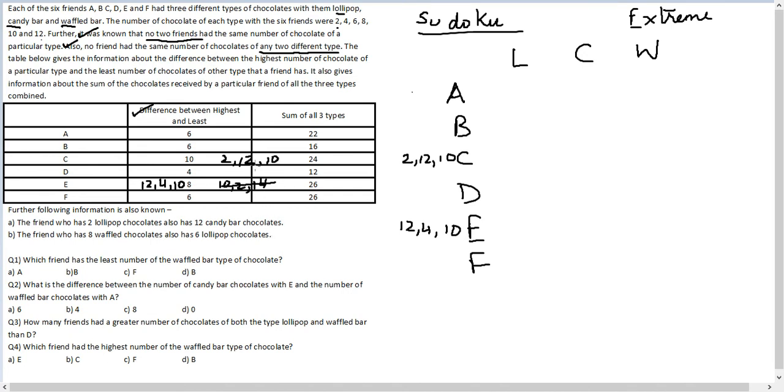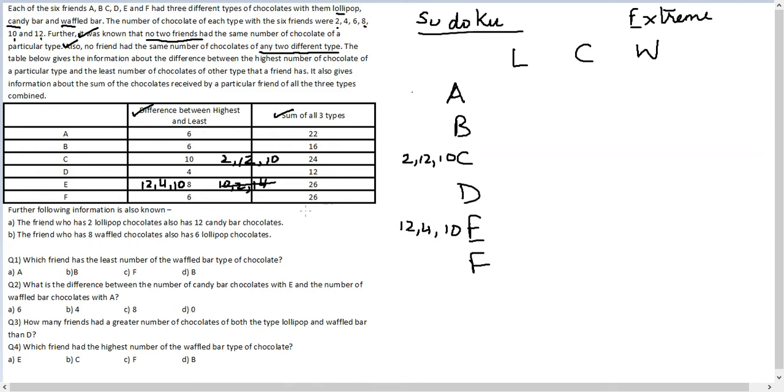Another way extreme cases can be handled is when you're looking at the sum of all 3 different types. The maximum possible sum you can get is 12, 10 and 8, which is 30. But 30 is not available. 26 is available. One 26 we've already handled. Another 26 we need, and you need another 26. What can we do?